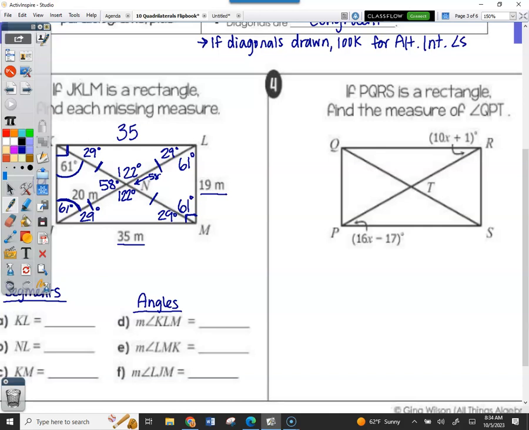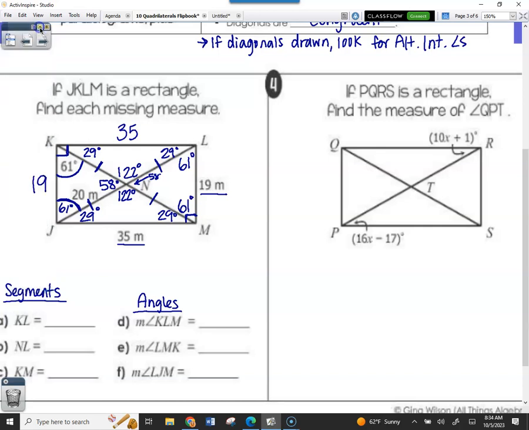So look, KL, we already have it labeled. It's 35. NL, 20. Yep. KM, 40. K to M. Make sure you're reading the correct numbers. Did I see it wrong? No, you didn't. Okay, you got it right.